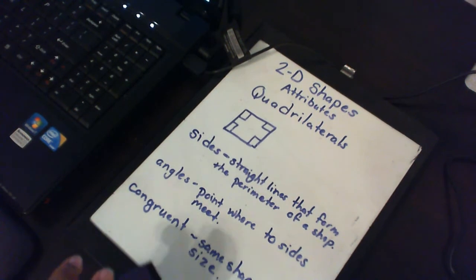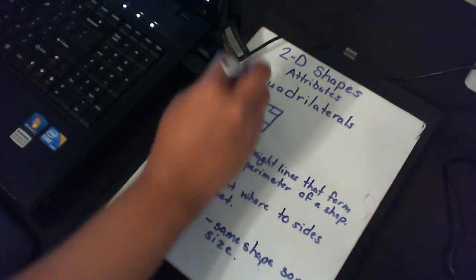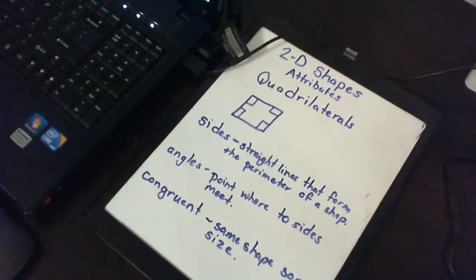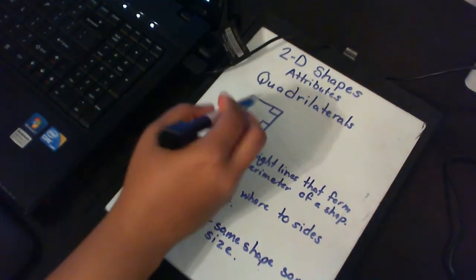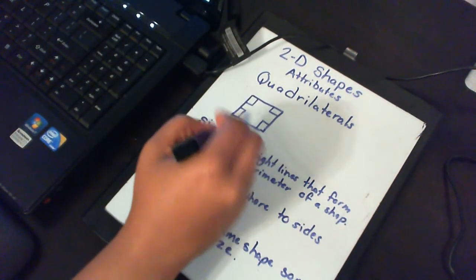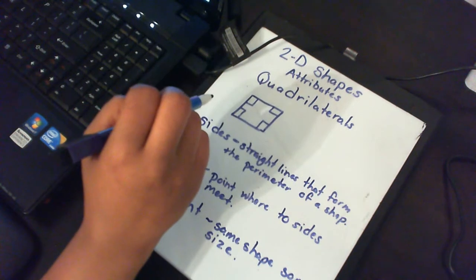So you can have congruent sides, which are the lines, they're the same size and the same shape, or you can have congruent angles, which are the same size angles. So if this is 90, then this is 90. And so since they're both 90, they're congruent.